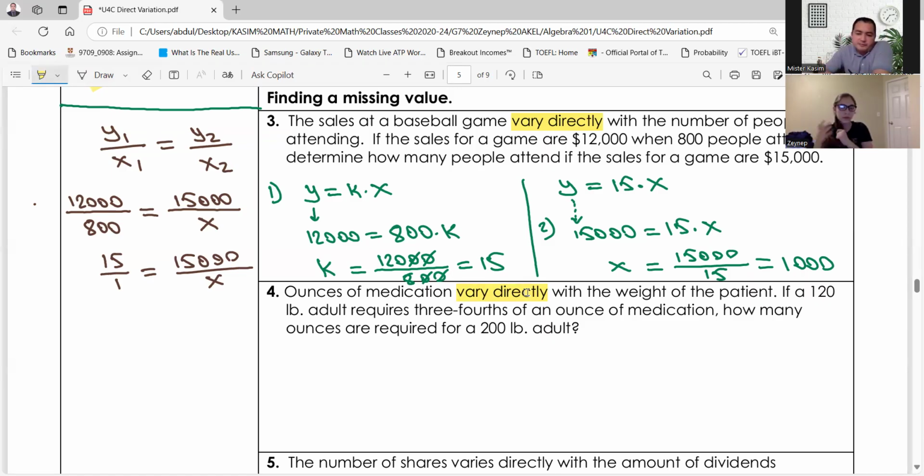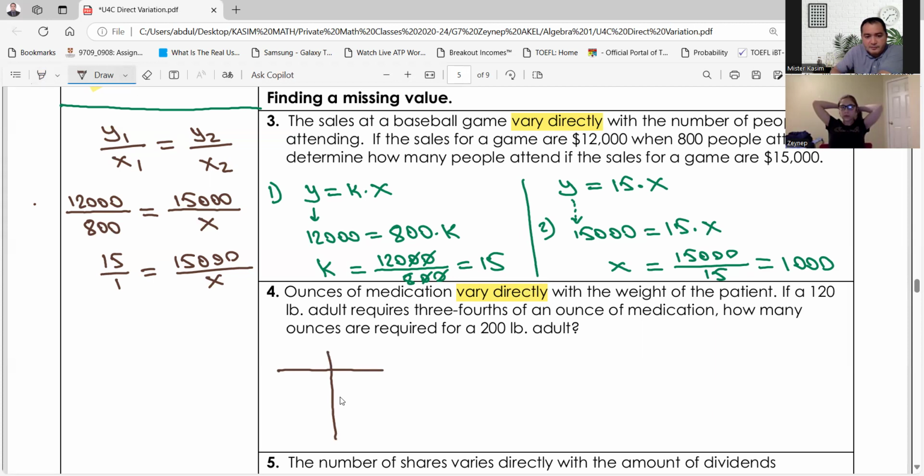With the weight of the patient, if a 120-pound adult requires 3/4 of an ounce of medication, I can make a table. I'll show you another method. Let's say this is x and this one is y. If the patient's weight is 120, it requires 3/4 of an ounce.